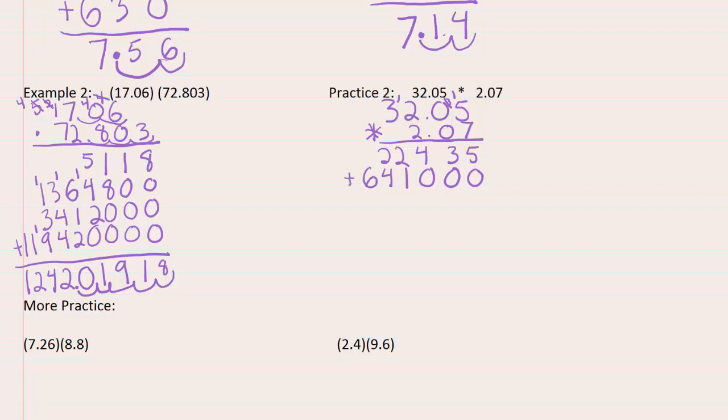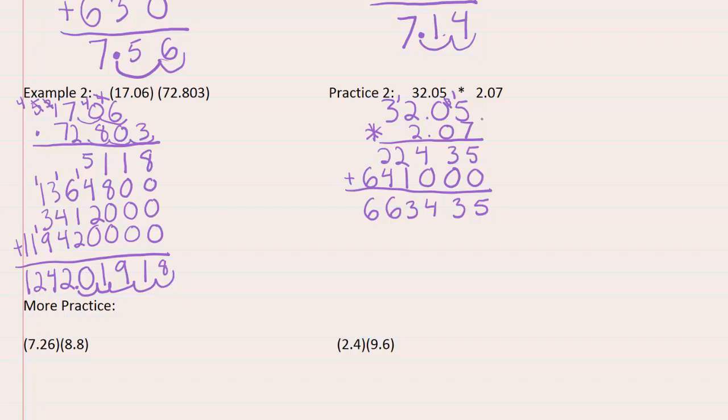Okay, so now we're ready to add these two numbers together. And 5 plus 0 is 5, 3 plus 0 is 3, 4 plus 0 is 4, 2 plus 1 is 3, 2 plus 4 is 6, and then we'll put this final 6 over here.